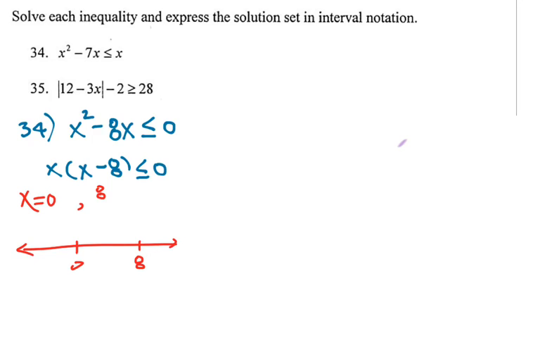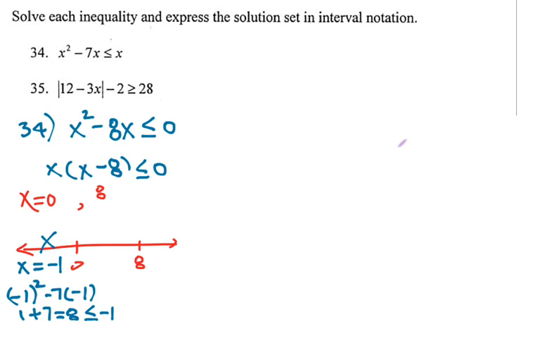Let us pick a number that's less than 0. What if I were to consider x equals -1? If you plug -1 into the original inequality, then you will see that it becomes -1 squared minus 7 times -1. Then you can see that we get 1 plus 7, which is equal to 8. And we are comparing that to the value x. Is that less than or equal to -1? And you know that in this case, that's not correct.